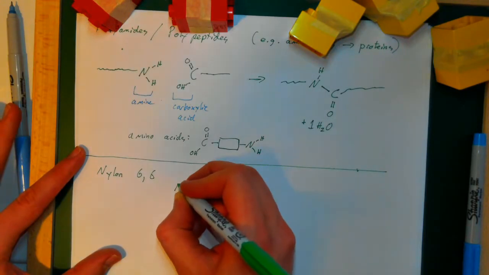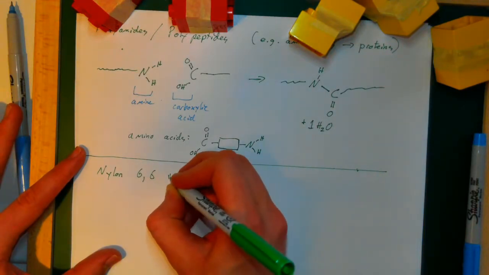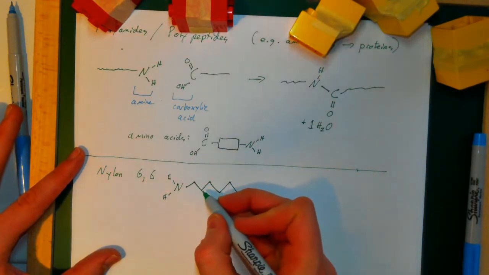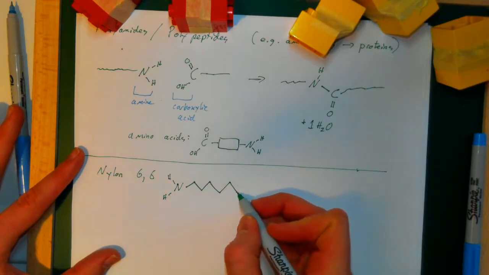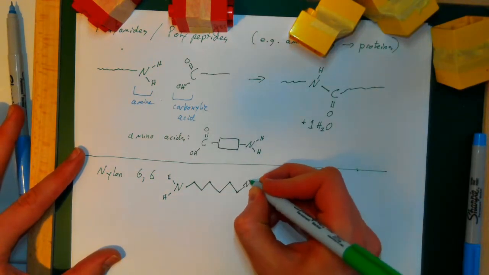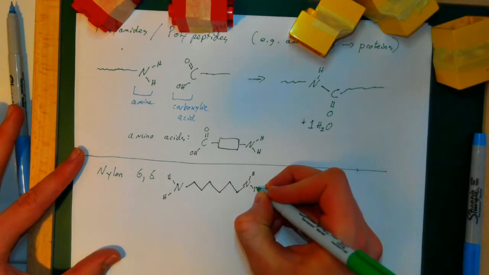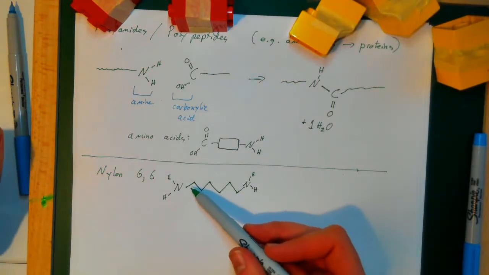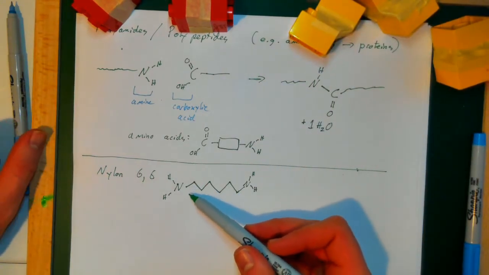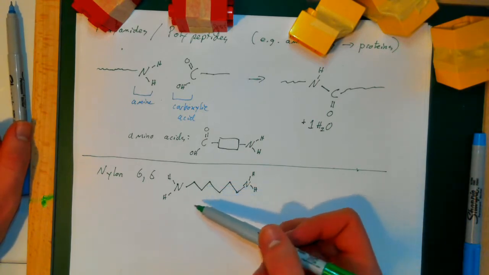So there's an NH2, and then 1, 2, 3, 4, 5, 6 carbons, and then another NH2. And this one is called hexamethylene diamine or something like that.